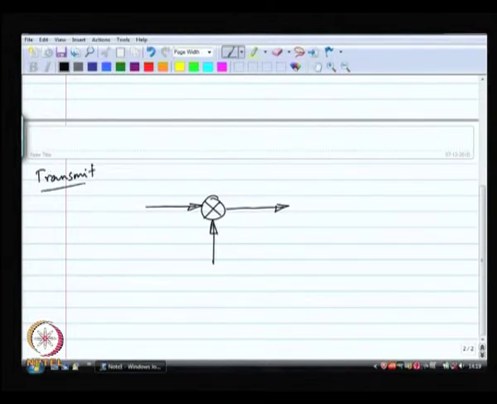In the transmit path, this particular signal is not the RF, this is the message, and over here we have the local oscillator. And this is the RF output. So, this is the scenario in the transmit path.